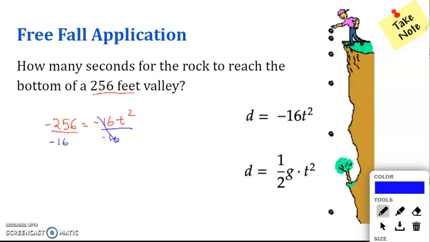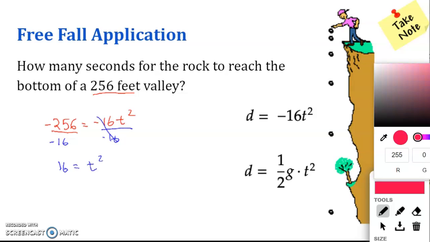256 divided by 16 is 16, which is equal to t squared. Now we take the square root of both sides, and remember we need to put a plus or minus sign on the side with just the number. Square and square root cancel each other out, so t is equal to plus or minus the square root of 16, which is 4.